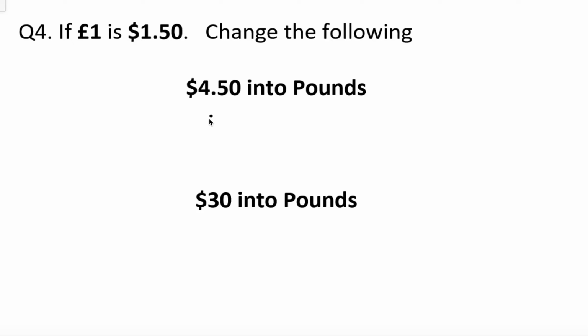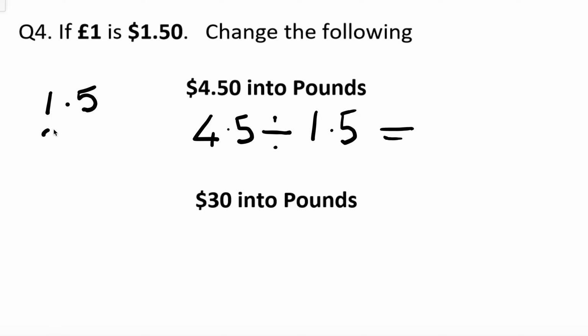So basically we've got 4.5, and if we divide that by 1.5, what does that equal? Well, the easiest way, if you're not too sure with your division, you can use a calculator. You've got 1.5. If we double that, that will be 3.